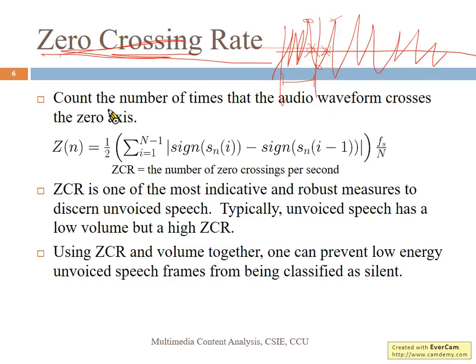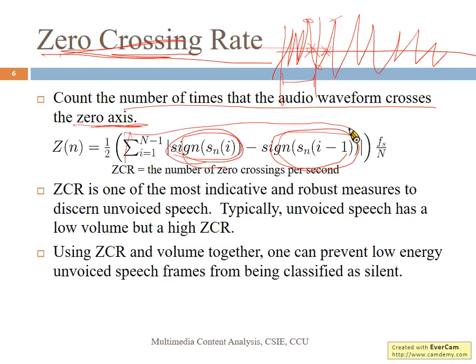So we count the number of times that the audio waveform crosses the zero axis, and the formulation is like this. We take the sign of the ith sample and the sign of the (i minus 1)th sample, and check whether their signs are the same. If they are different, that means there is a zero crossing.